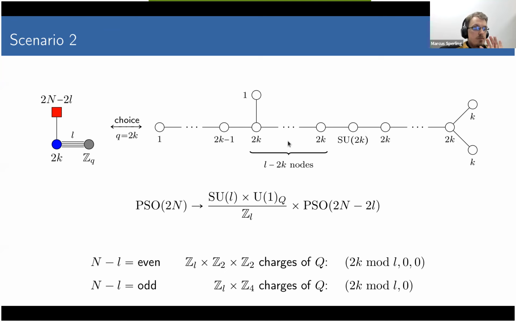Then of course you would flip it around. Now the U(1) and the SU are affected by the center of the SU node, and in the D-type Dynkin Quiver there's no interaction of the U(1) and the corresponding center symmetry of the D, and you would get this kind of symmetry. Right, that's a very straightforward generalization of the A-type case.